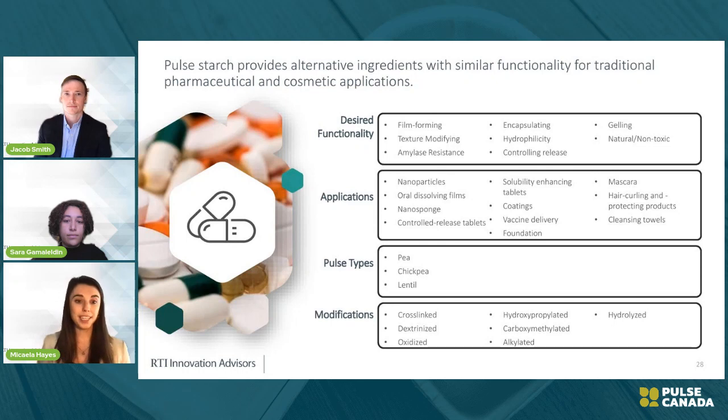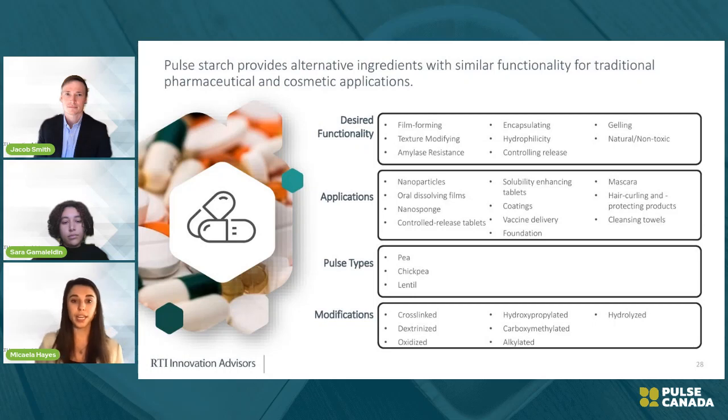So I'm going to spend the next few minutes giving a high-level overview of those industries, the functionality of pulse starch that makes it suitable for end applications within these industries, and highlight just a couple of example patents.